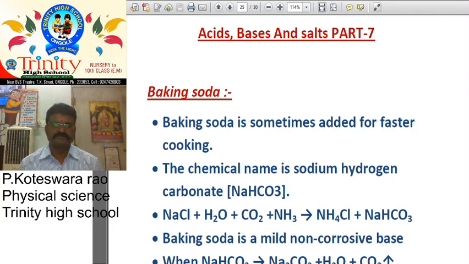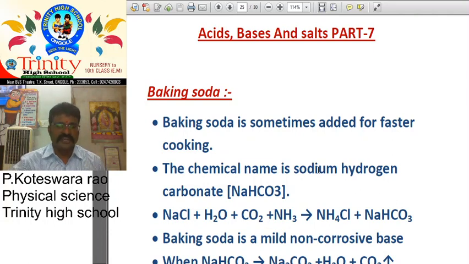Faster cooking means if you add baking soda to that substance, then it will reach the required boiling point very fast. The chemical name is sodium hydrogen carbonate. Sodium Na, hydrogen H, carbonate CO3.